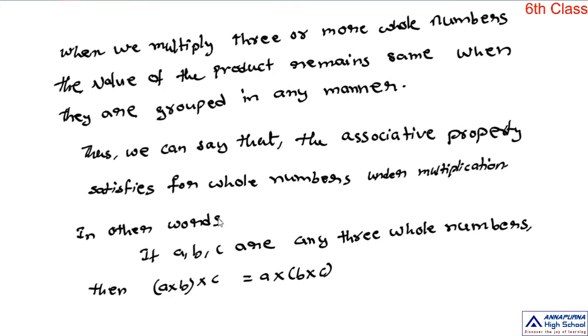In other words, if a, b, c are any three whole numbers, then (a into b) into c is equal to a into (b into c).